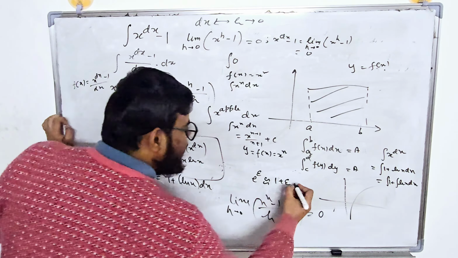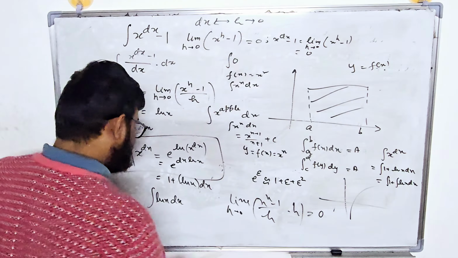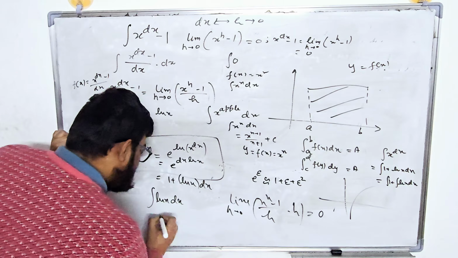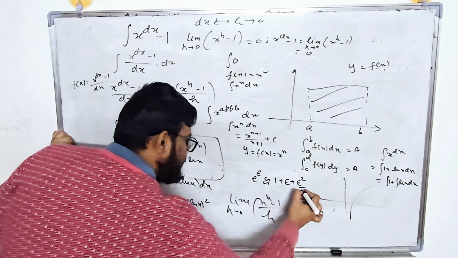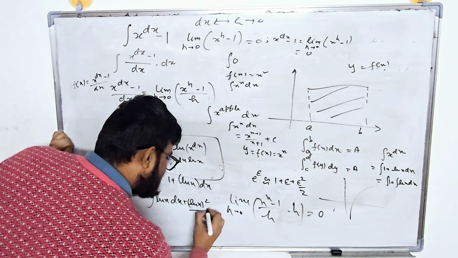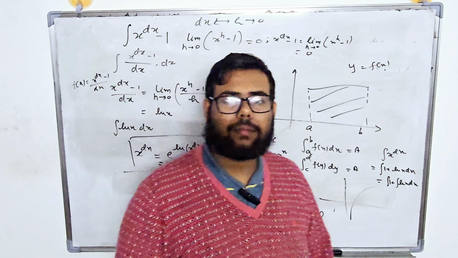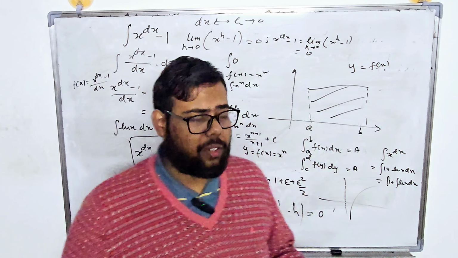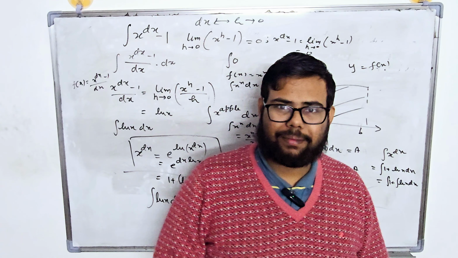Or I can write it like this also, with epsilon squared also. So we can write it like this also, plus (ln x) squared divided by 2 times dx squared. Now this is not defined, because we all know that a single integral can integrate only one time, right?